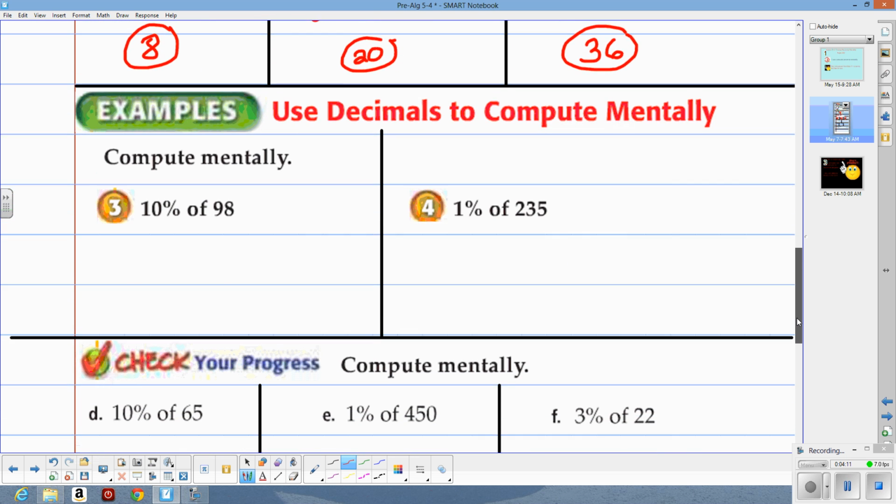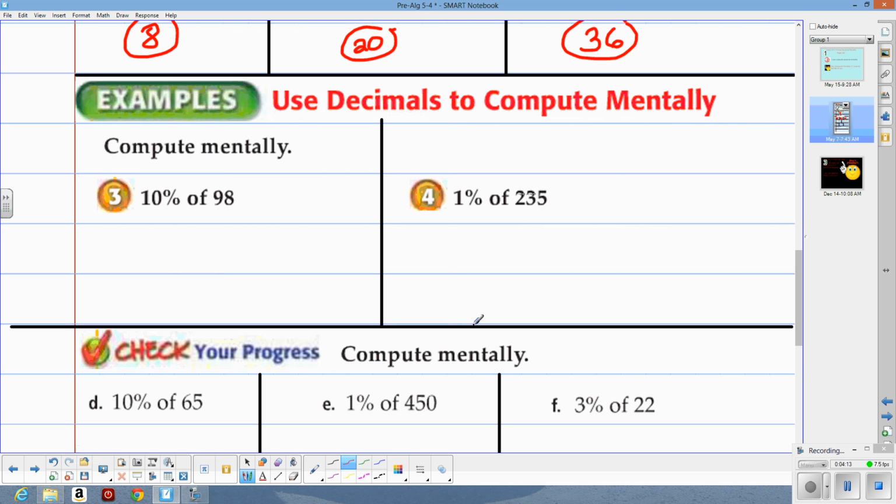You can also use decimals to compute mentally. For example, 10% is 1/10, or 0.1. And if you want 0.1 or 1/10 of 98, if you take 98 and multiply it by 0.1, you're still going to have the 98, but the decimal is going to be moved one place to the left.